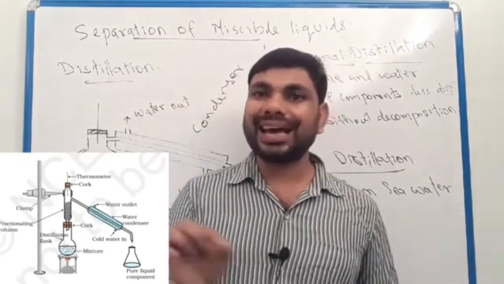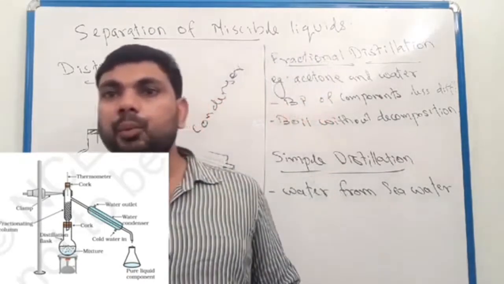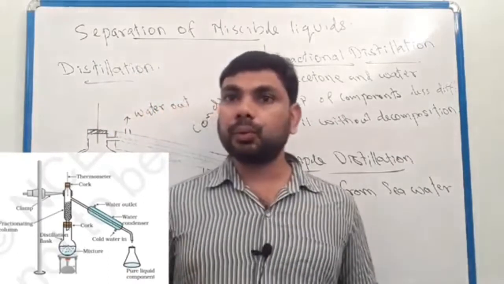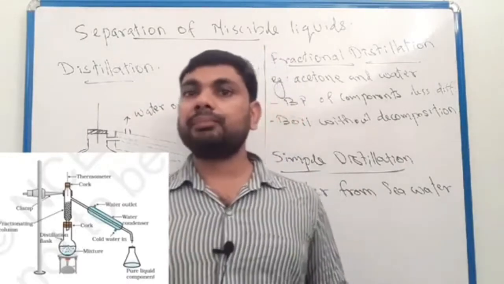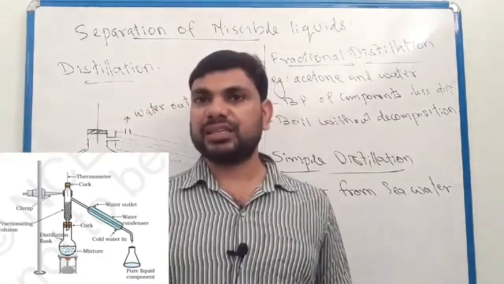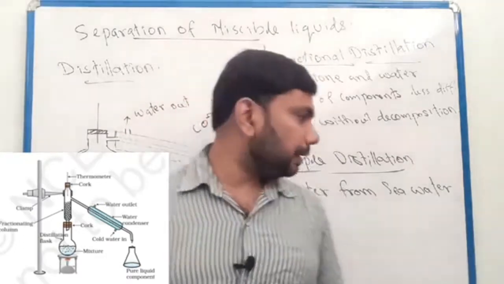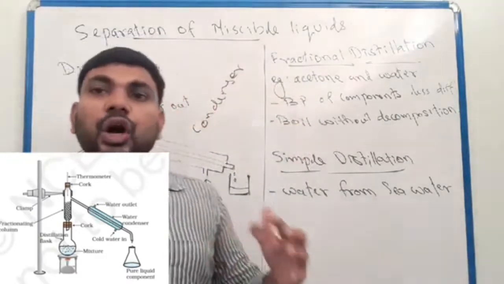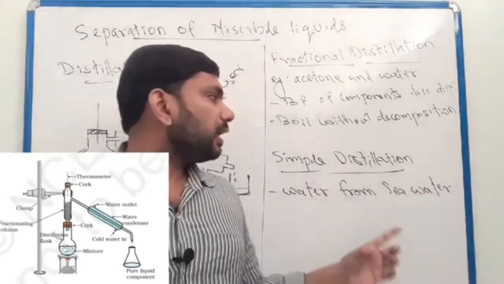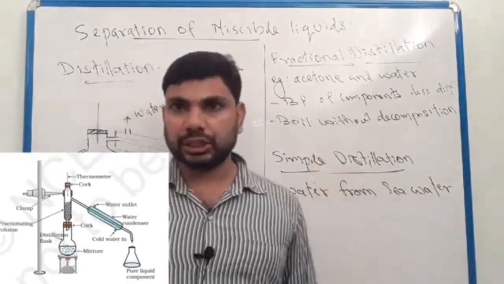Another example, acetone and water, their boiling points are very close to each other, not a big difference. If there is a big difference in the boiling points of the components of the mixture, then we have to use simple distillation.